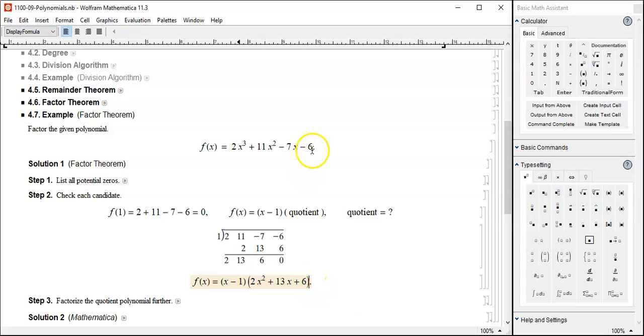Now, if you start with quartic or quintic, after this, you're still going to get a cubic or even quartic or something like that. If you start from an original 6th degree, then even after this factor theorem, you're still down to 5th degree.